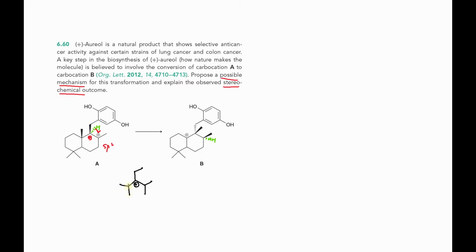But we still have the methyl that's popped up. So if that was a hydride shift, let me also write that hydride shift. Now we're going to have a methyl shift.